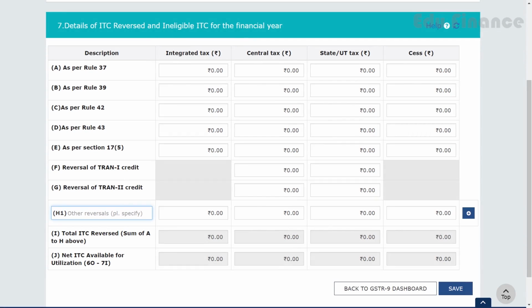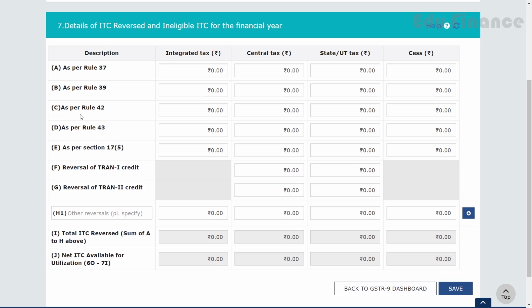However, we need to understand what each rule and section contains. Rule 37 talks about the reversal of ITC in case the receiver failed to pay the consideration within 180 days from the date of invoice. Rule 39 talks about reversal of ITC in case of distribution of ITC by input service distributor.